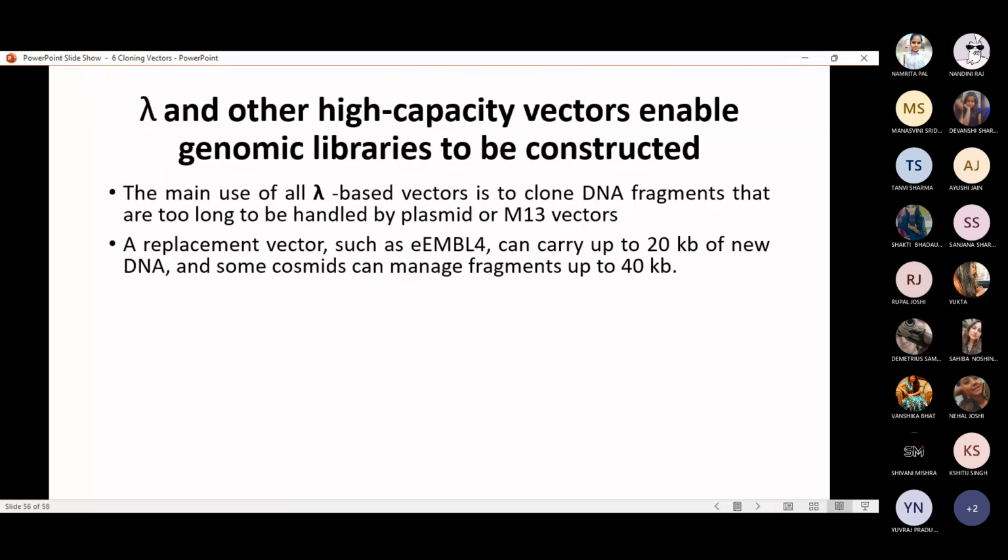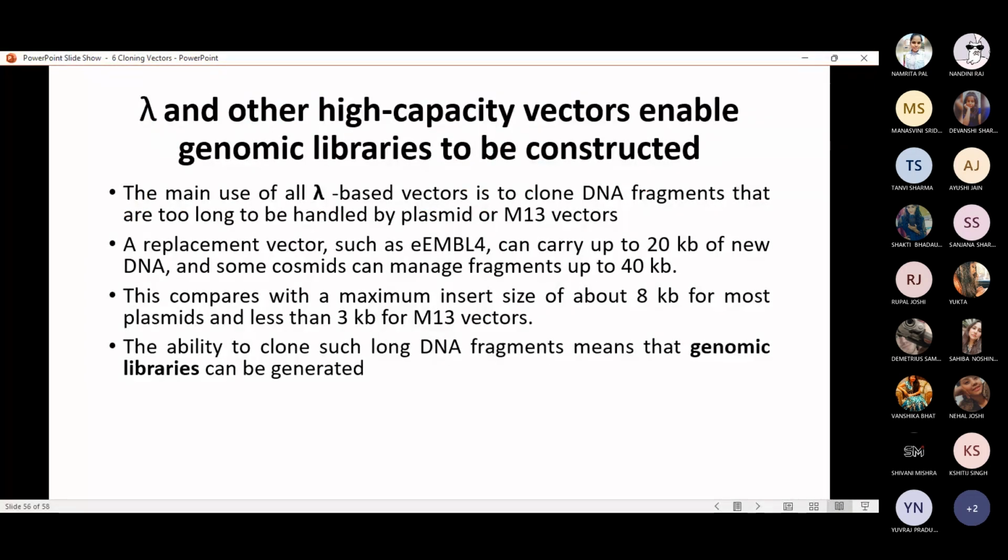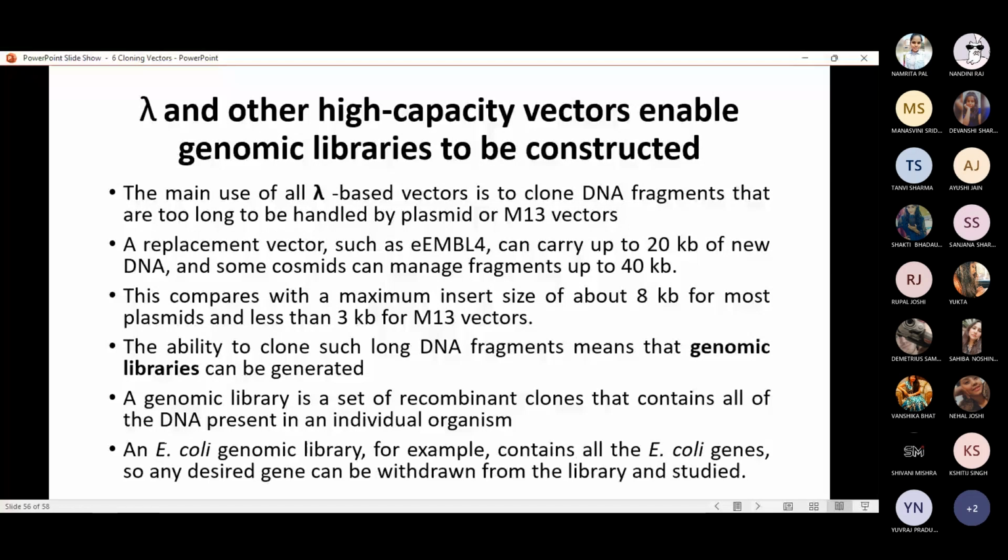This is another thing about the lambda-based vector. The aim of all of these vectors is the purpose of cloning. Cloning means you want to produce multiple copies of the same gene. In cloning we are cloning different fragments of your DNA.